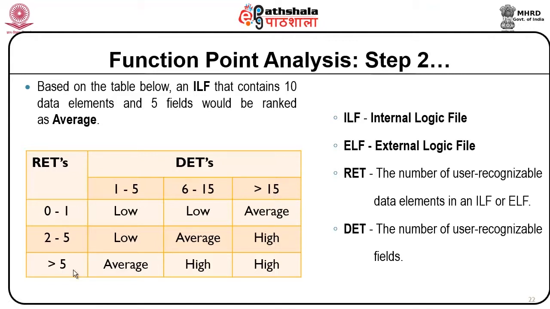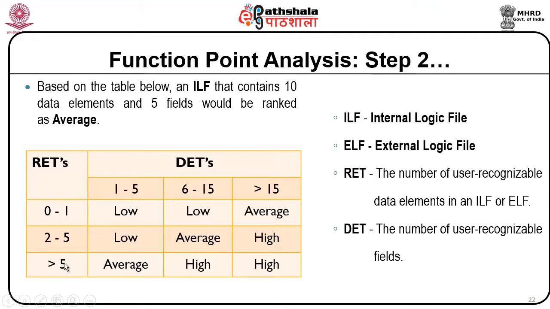If the number of data elements is greater than 5 and the number of fields is from 1 to 5, the rank is average.